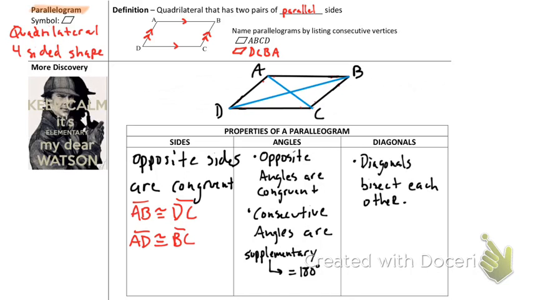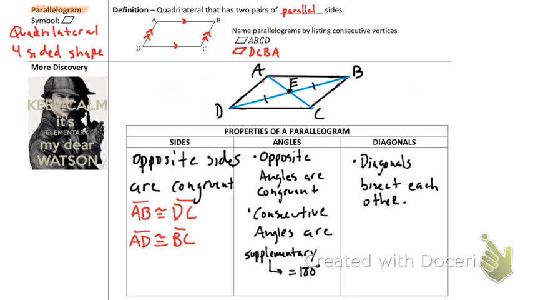Looking at our diagram, we'll call this point E, where the diagonals intersect. I can now say that D to E is equal to B to E. This guy has the same measure as that guy.